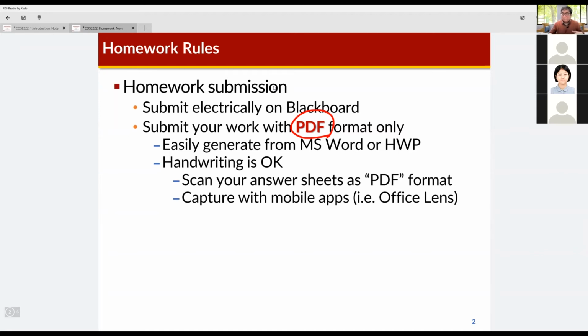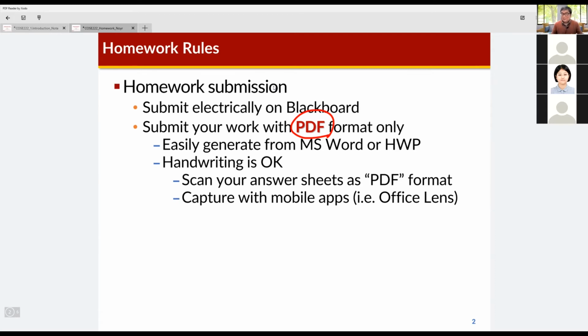I will post the homework questions as a PDF file, and you can find the questions in this PDF file. But you can also write your answers by hand, that's okay, and then scan your answer sheet as a PDF and post this PDF file on the Blackboard.